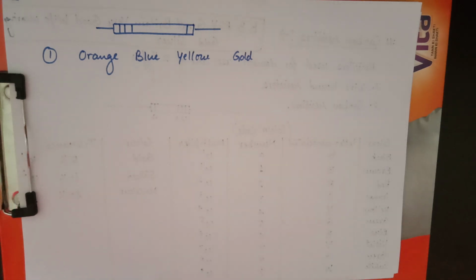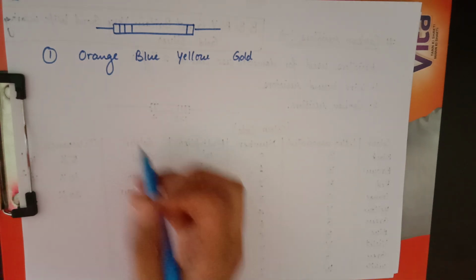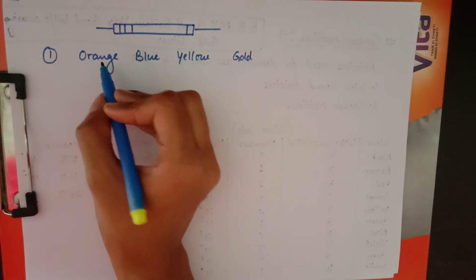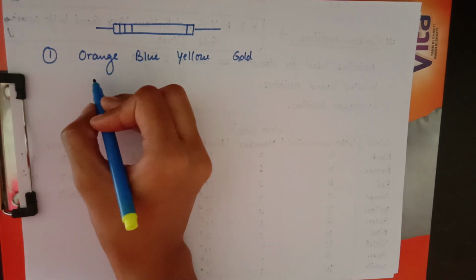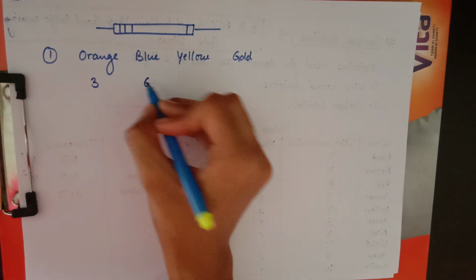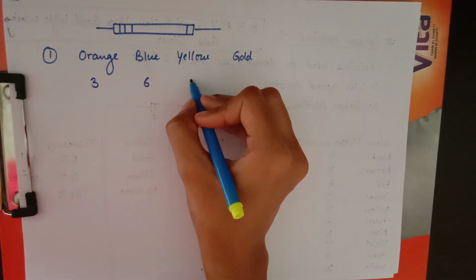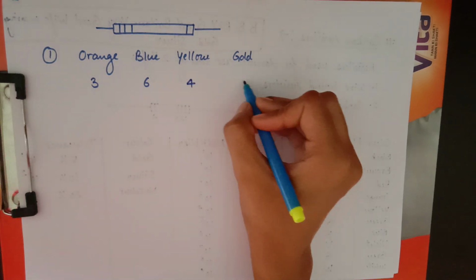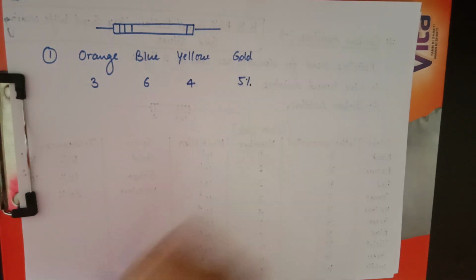When it is asked to decode the value of a resistor or calculate the resistance in any resistor, then first you will see the number. In the table the number for orange was 3, for blue the number was 6, and for yellow it was 4, and for gold tolerance is 5%. By tolerance we mean it could be an error of +5% or -5%.